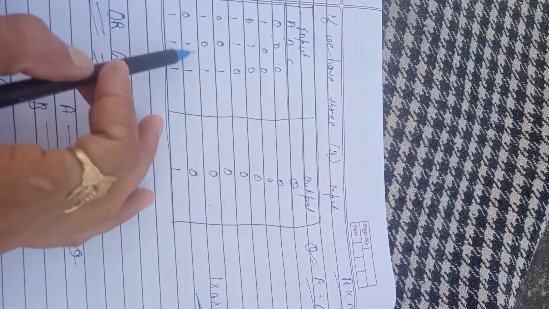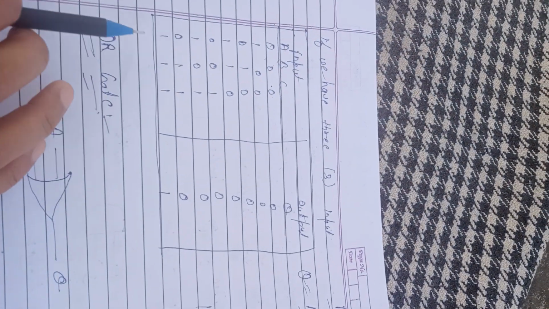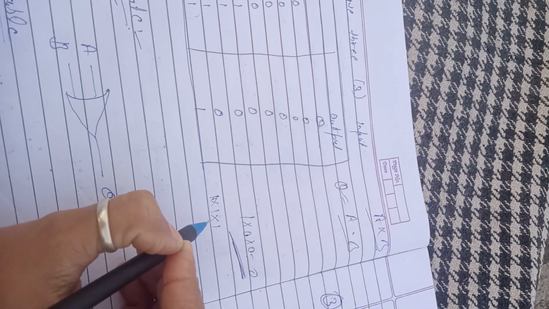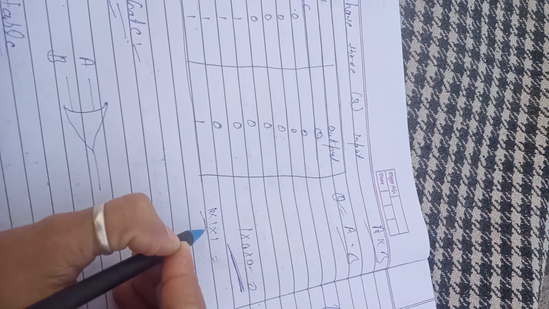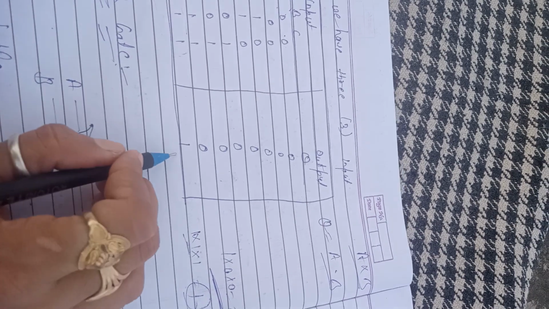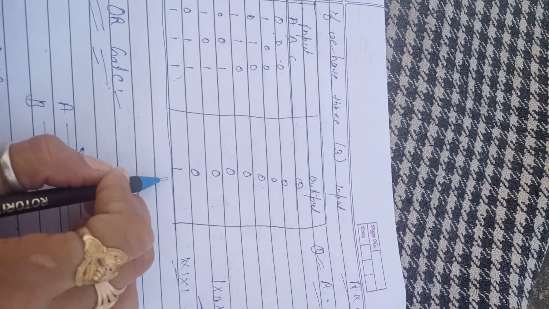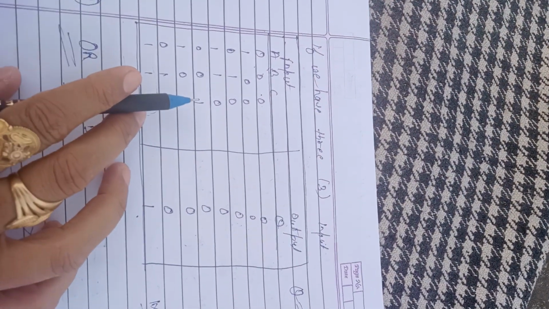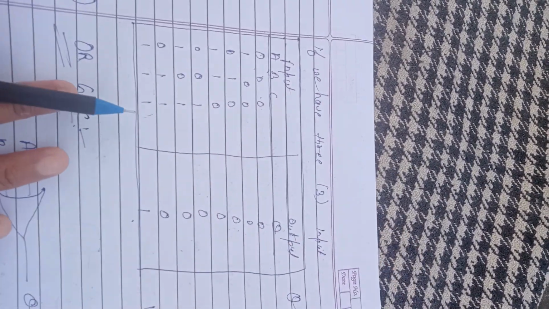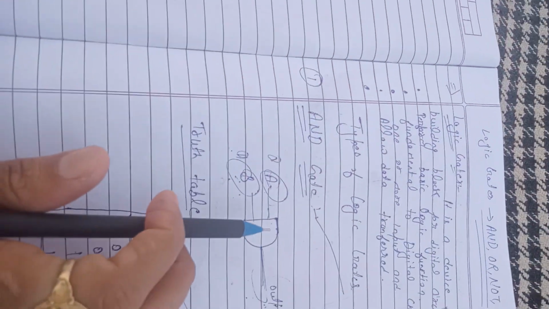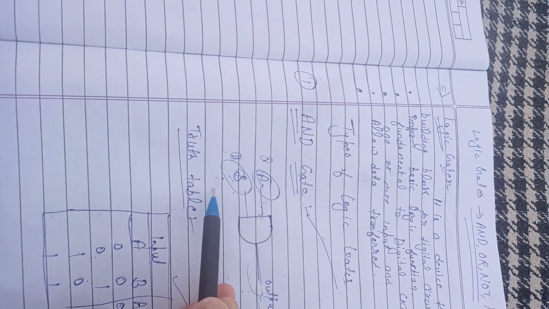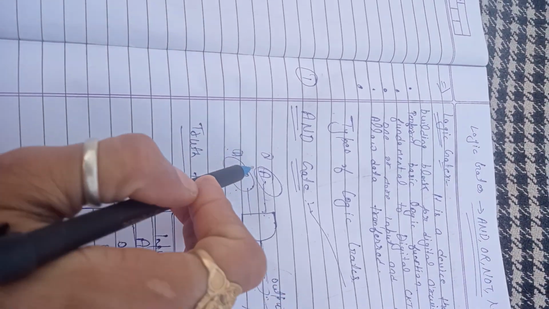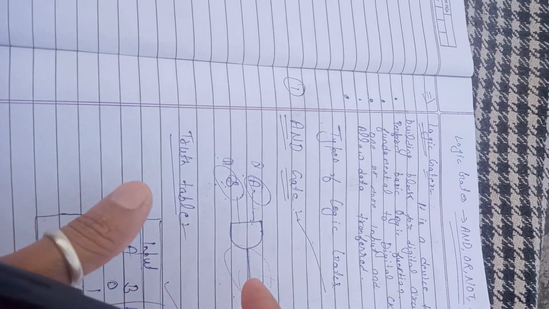In the last case, when all inputs are 1, then 1 multiply 1 is equal to 1. When all inputs are 1, it gives 1, and when any one input is 0, the output is 0. This is the AND gate.